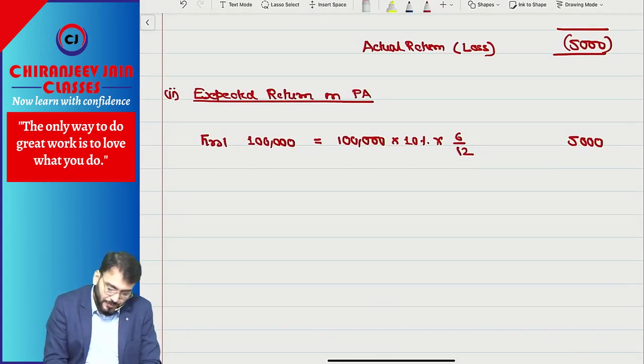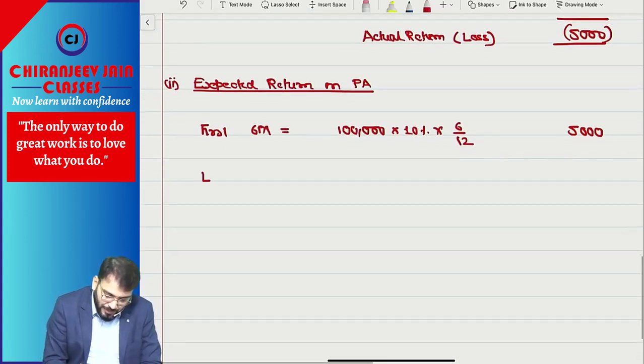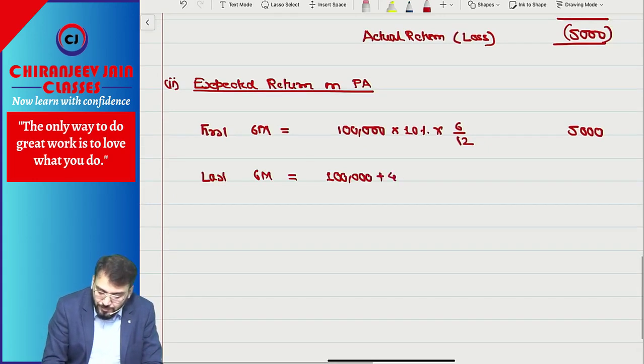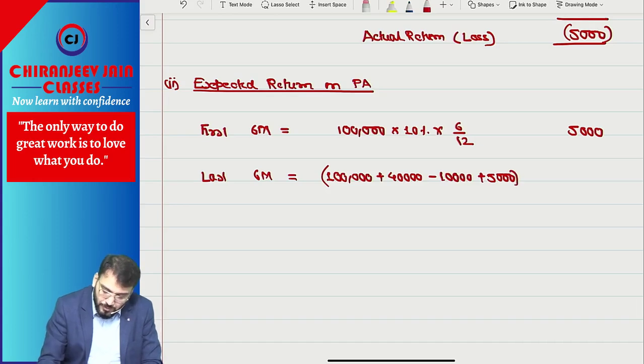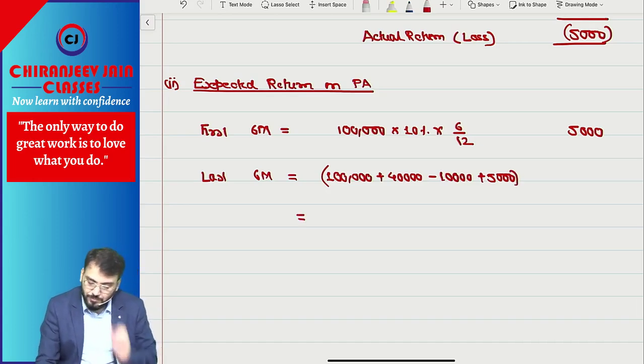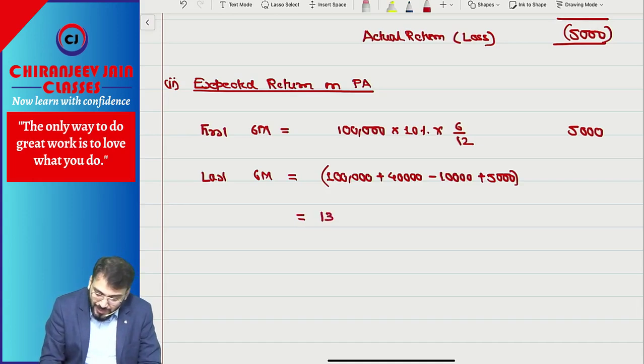That was the first 6 months. Then the last 6 months, 1 lakh was the initial investment, then how much received, then how much paid? Then the interest of 5,000 will also be added. What is this total amount? So on 1,35,000 we will calculate interest.